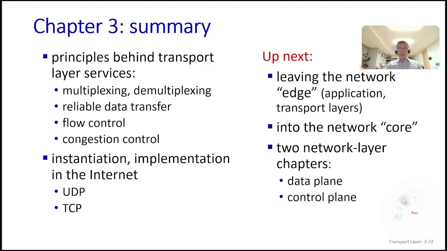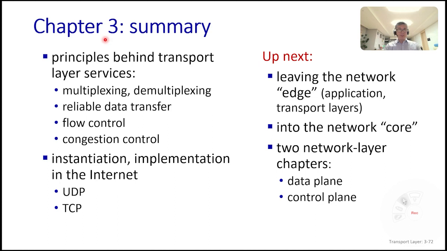Okay, in summary, in chapter 3, the principles behind transport layer services, multiplexing and demultiplexing are explained, as well as reliable data transfer, flow control, and congestion control, especially TCP.